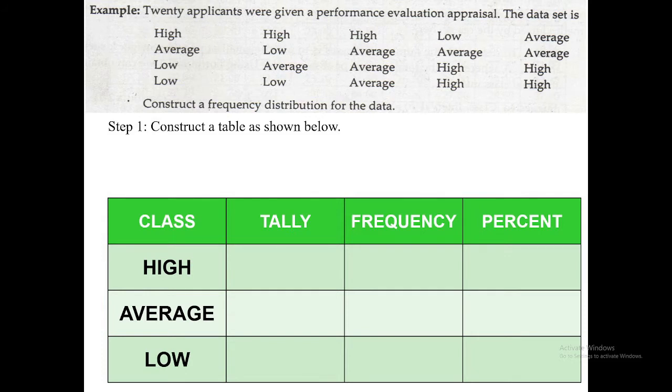The class for the first column, the tally for the second column, the frequency third column, then percent for the fourth column. And as you can see, diba, the performance evaluation appraisal is tulo na sila. Average, high, and low. So that will be written under the first column.